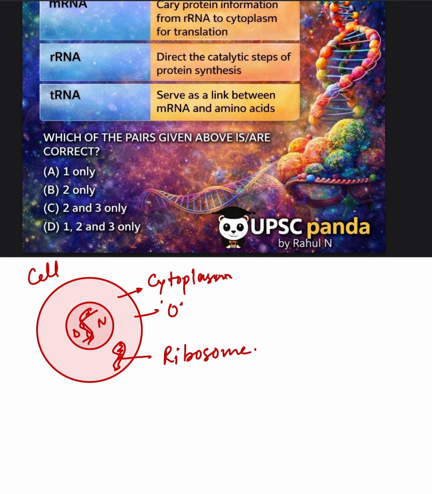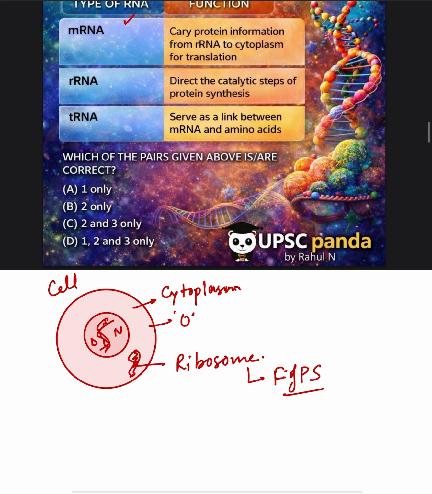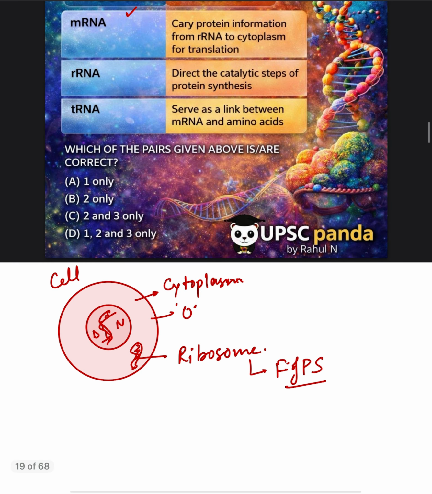Ribosome. Okay. So this is called the factory of protein synthesis. So which protein will be made? कौन सा protein बनेगा? Who will decide? This is decided by the DNA.